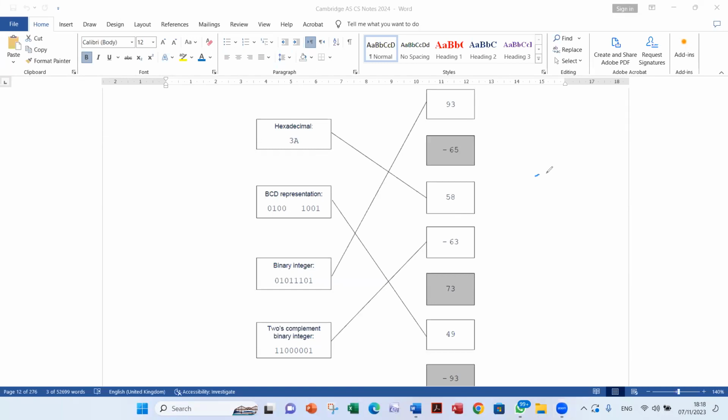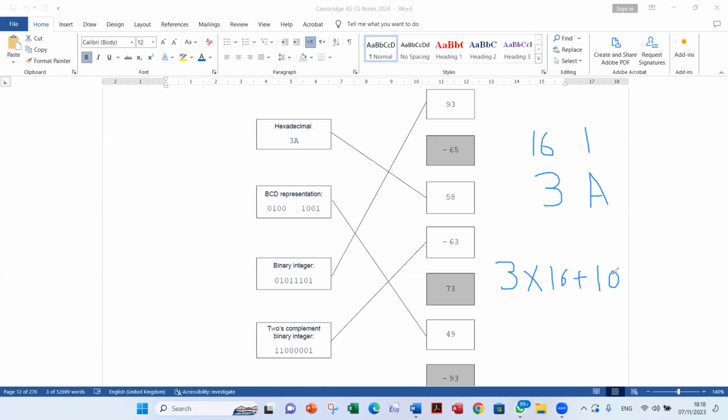I have here 3A. And remember that A itself is 10. Put the weights. Weights are 1 and then 16. You don't need the 256 because there are only 2 digits. Let us multiply and add. 3 multiplied by 16 plus 10 multiplied by 1.